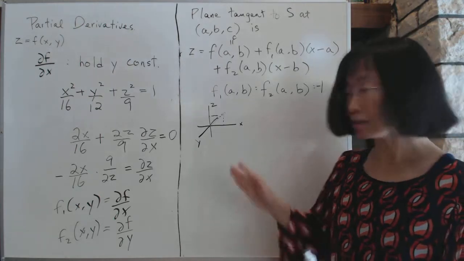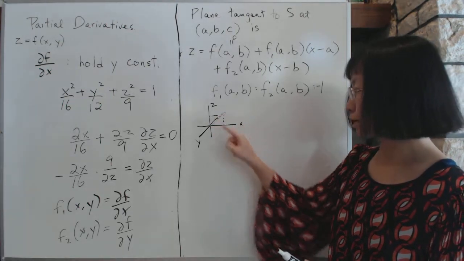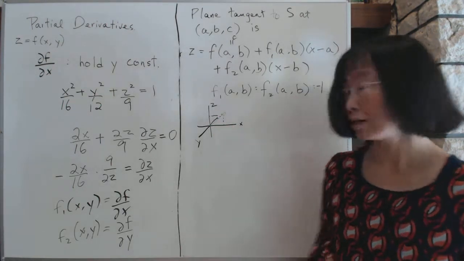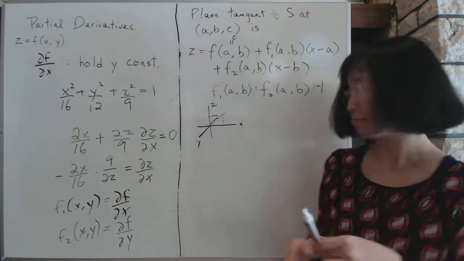Once you have these three values, you know how far to go out in x, y, and z, then you know which way your arrow is pointing, which then shows you which way the plane is going.